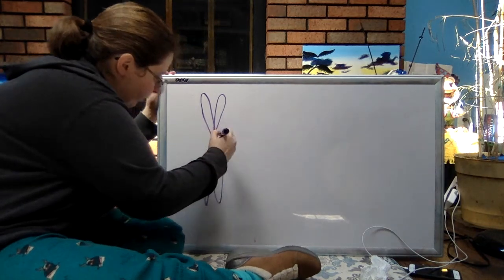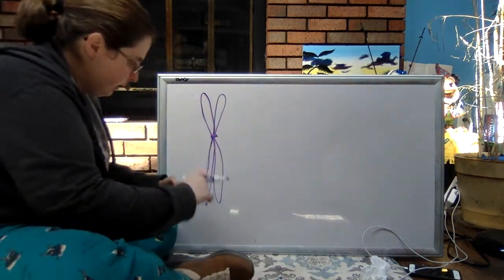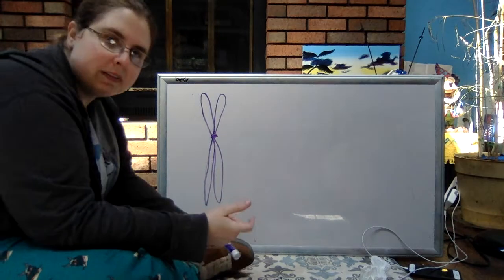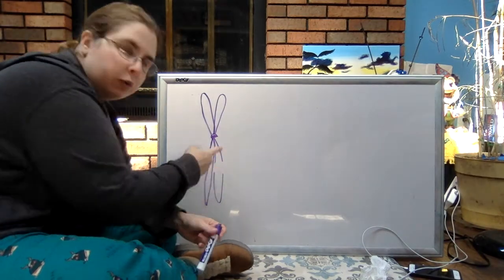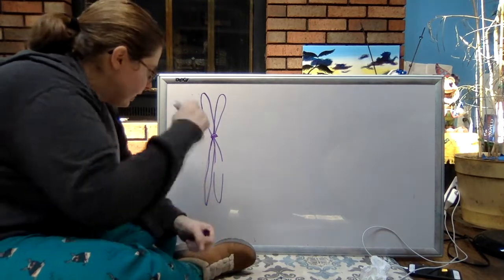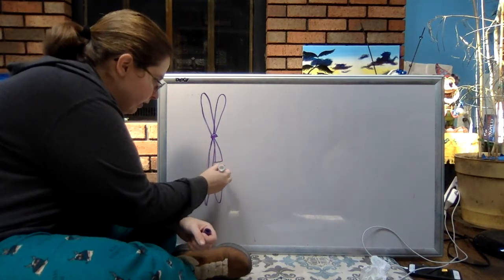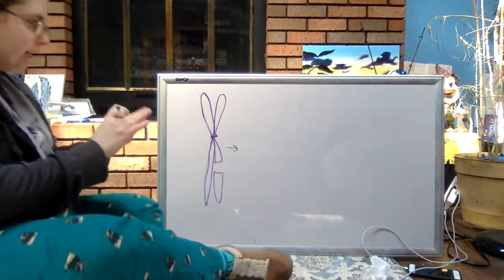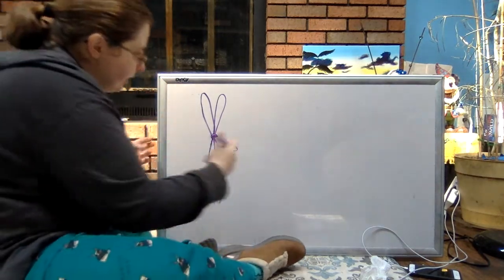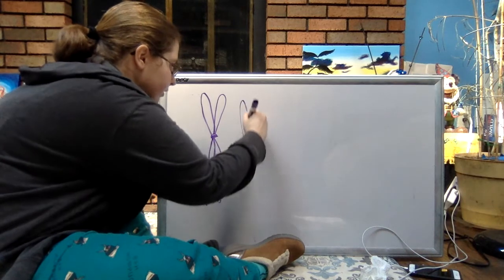All right. So maybe what happens is during replication or during something called translocation, this piece gets taken out. Well, now that means that this chromosome is now missing that information.